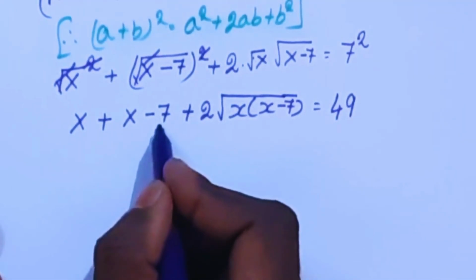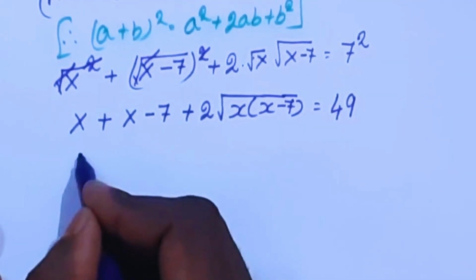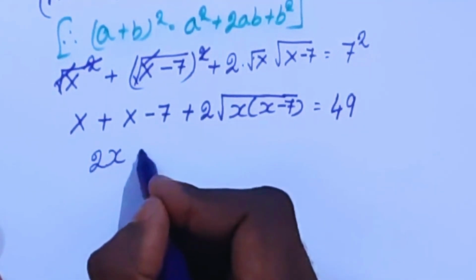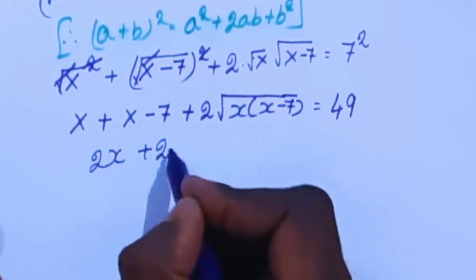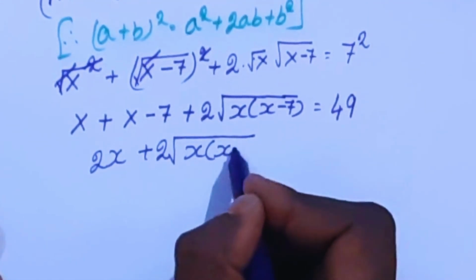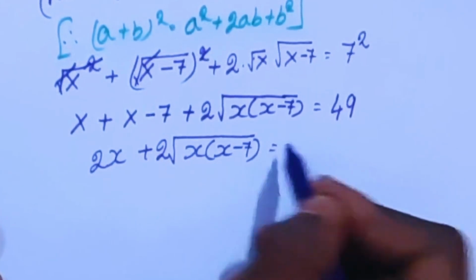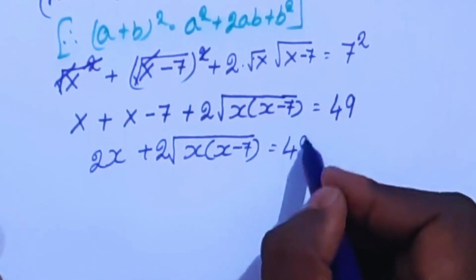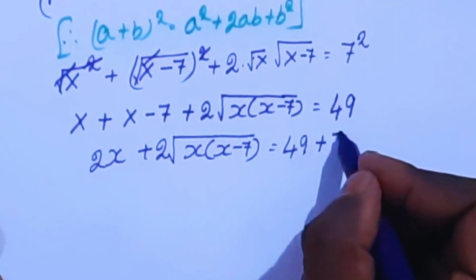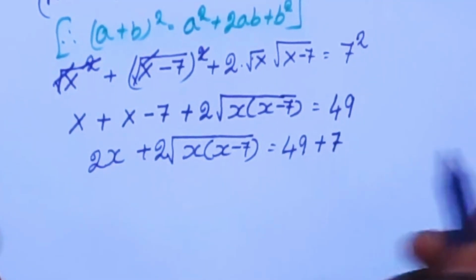Now we are moving this right hand side, so this x is 2x plus 2 times of square root of x times (x minus 7) equal to 49. We are moving this right hand side, so plus 7.